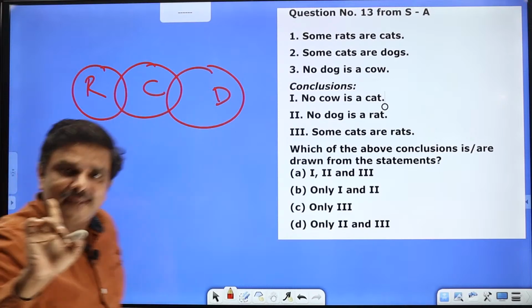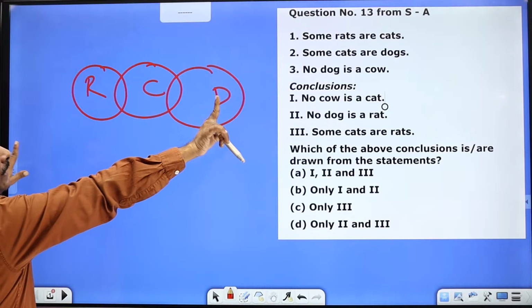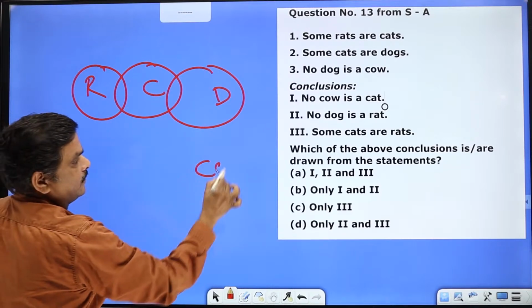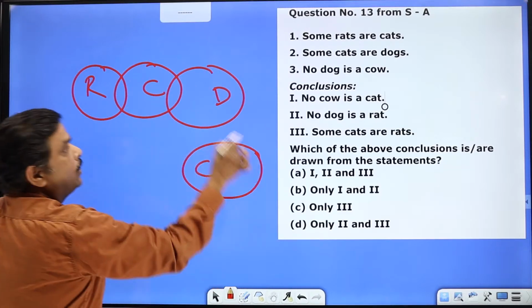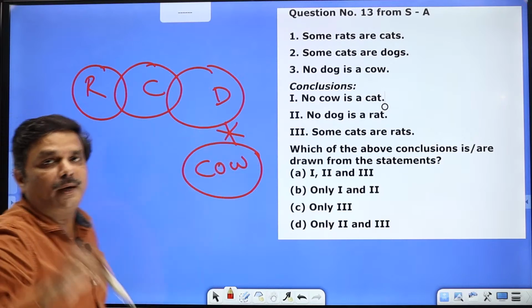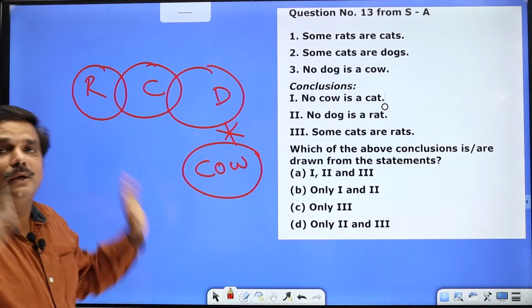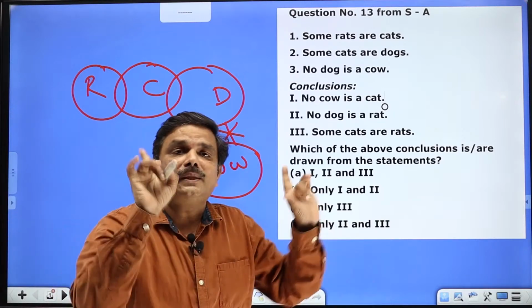This is called the basic diagram, the first diagram. Next one is no dog is a cow. Clearly there is a constraint: whether it is the basic diagram or the alternate diagram, at any point of time, the dog and cow circles should not be merging with each other.